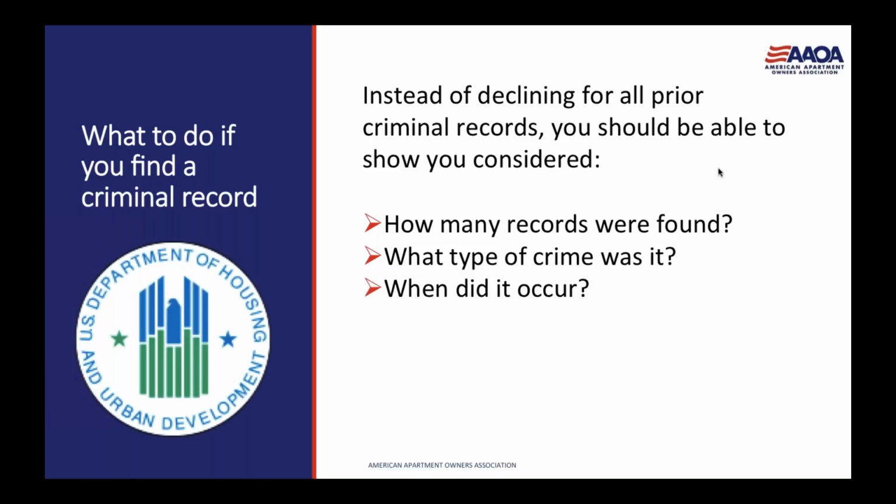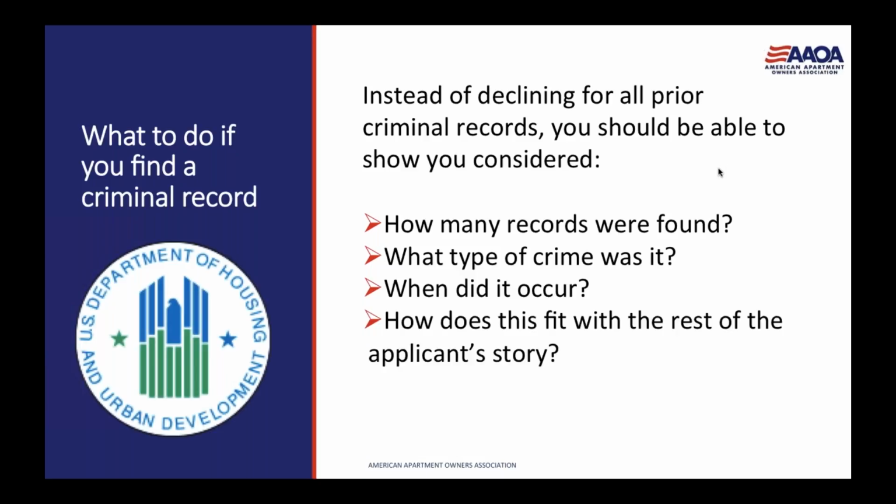Was it many, many years ago, where the person has had a chance to rehabilitate? Maybe they've had a job or kids since then and they were young when it happened. Or was it something that just occurred? You'll want to definitely take that into consideration. And lastly, how does this fit in with the rest of the applicant's story? Again, is it a one-time thing? Is this a person who's actually a good person who made one mistake?